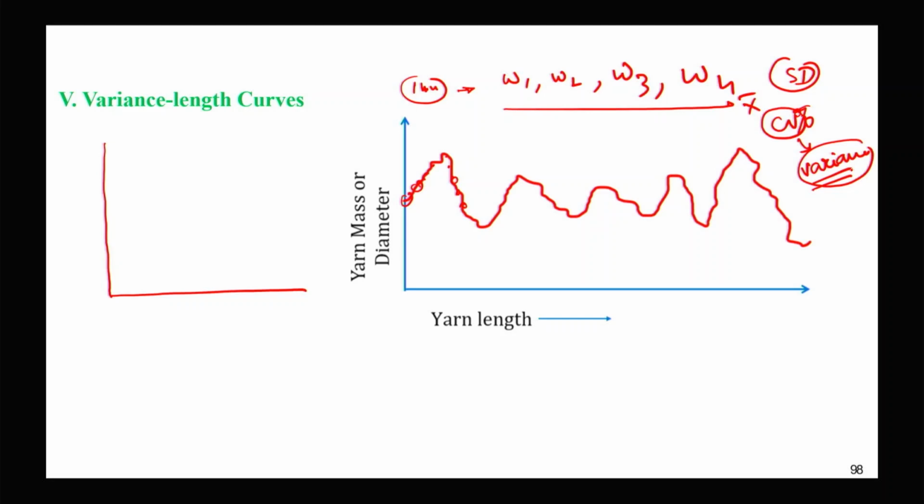This variance for a cut length of 1 millimeter is plotted in an XY plot, where the X axis is the cut length and the Y axis is the variance, which is CV percent.